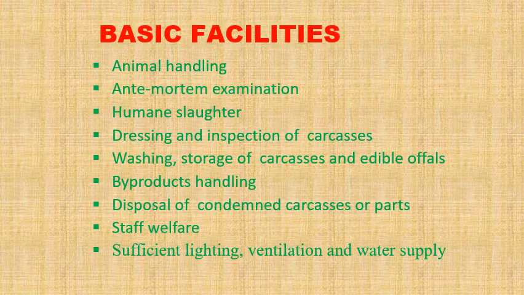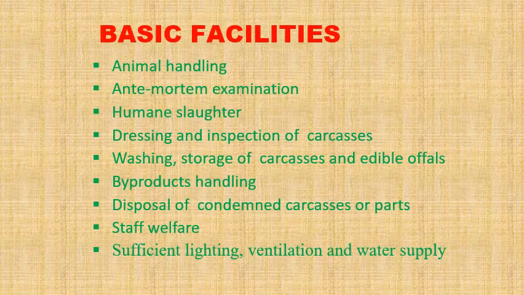Then humane slaughter. Humane slaughter means stunning and slaughter, that is to prevent the cruelty during slaughter. That should be ensured and such facilities should be there. Then dressing and inspection of carcasses. So dressing includes removal of the legs, head, removing the hide and skin, and removal of the organs, that is evisceration, and immediately after that there is inspection by the veterinary doctors, for which proper facilities should be there.